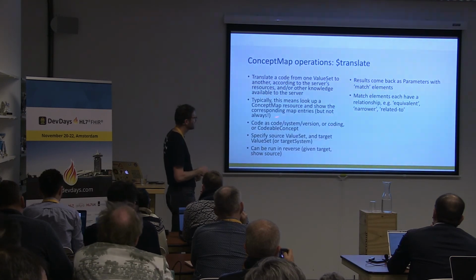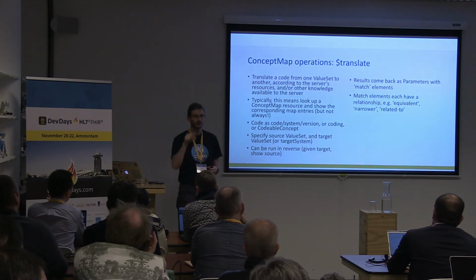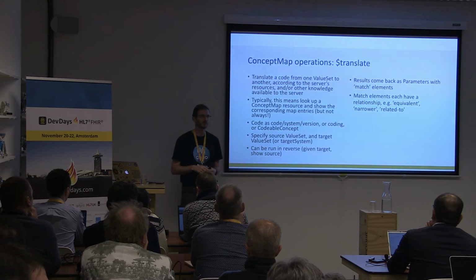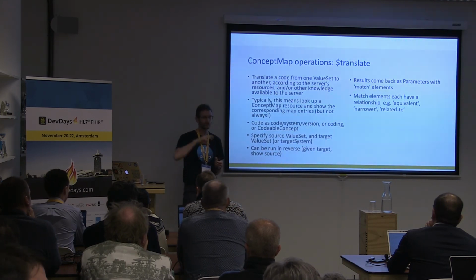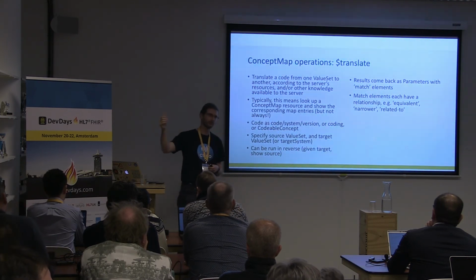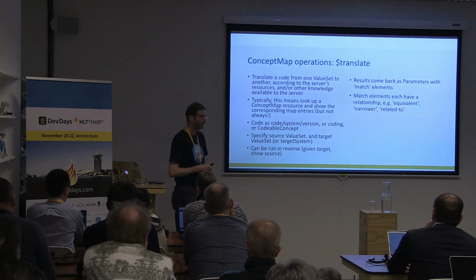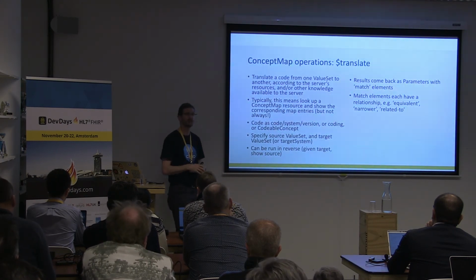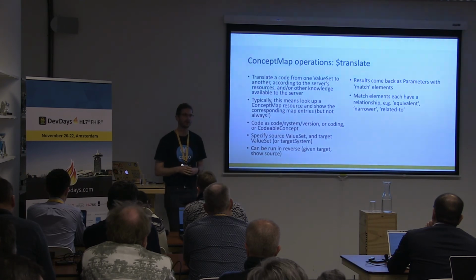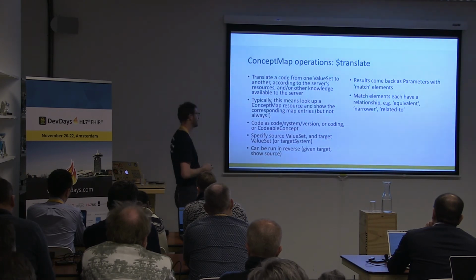So typically that means just looking up the concept map resource and looking at the code-to-code maps that are expressed in that concept resource, and just either returning the target, or if you're invoking translate with the reverse flag, then returning the source. But there are some implicit ones, or even algorithmic ones, depending on your server, that might not necessarily work that way.